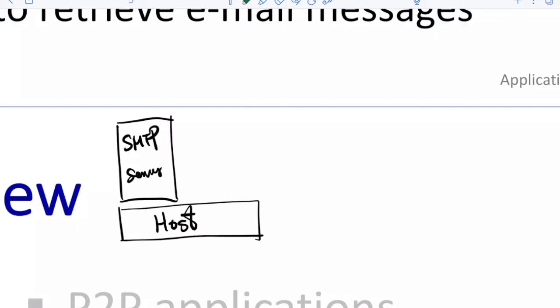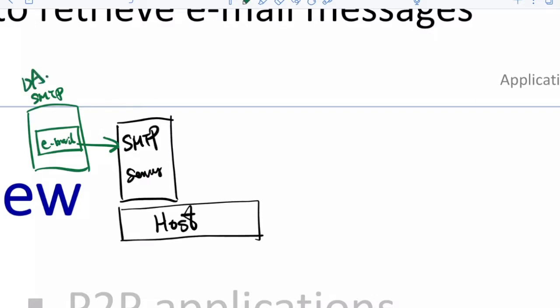As we mentioned before, if you have an SMTP message, you can push the entire email. That is a UA. The UA can talk to the SMTP server and push the email using the SMTP protocol to the email server.